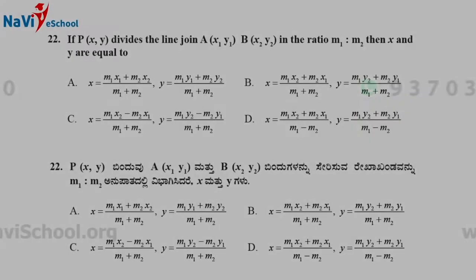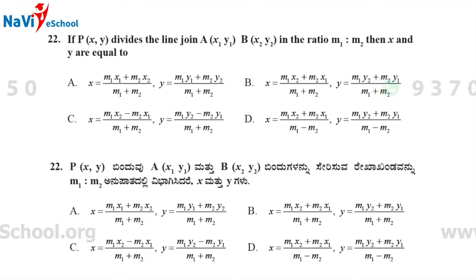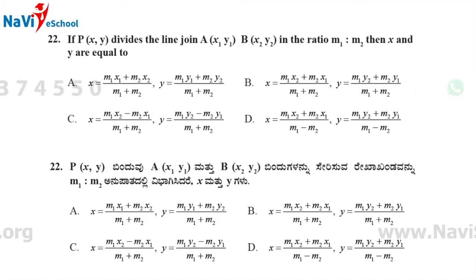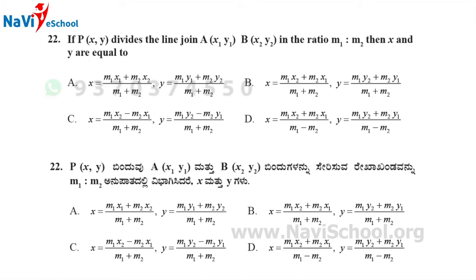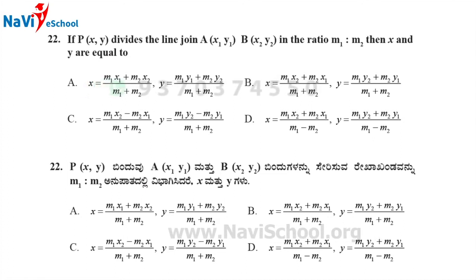Next, question number 22. If P(x, y) divides the line joining A(x1, y1) and B(x2, y2) in the ratio m1 is to m2, then x and y are equal to how much?